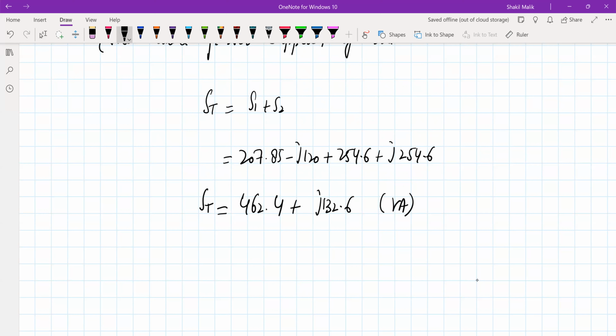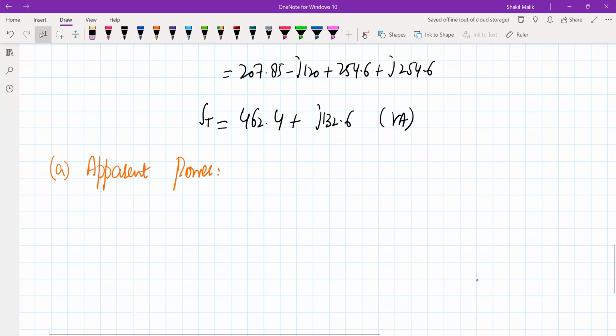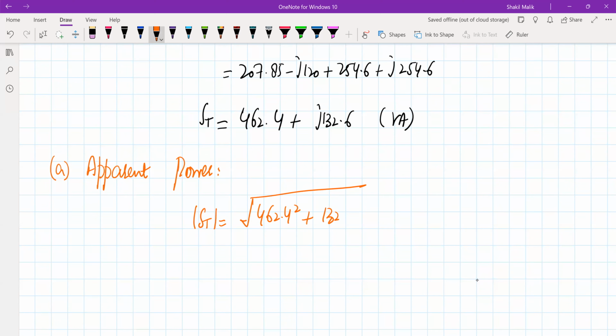So what is the apparent power supplied by the source? The apparent power is given by the magnitude of ST, which is the square root of 462.4 squared plus 132.6 squared.